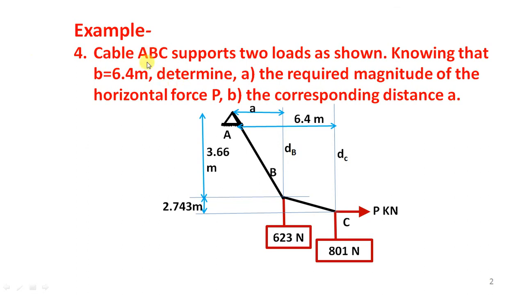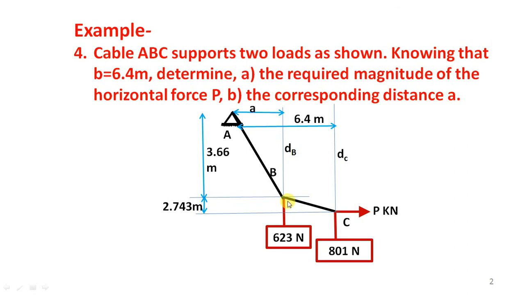So the first numerical: cable ABC supports two loads as shown. Knowing that B is equal to 6.4 meter, determine the required magnitude of the horizontal force P and the corresponding distance A. So this cable A, B, C is given.